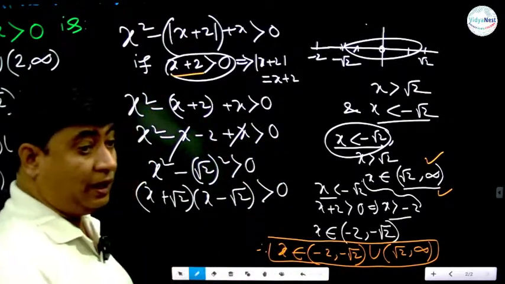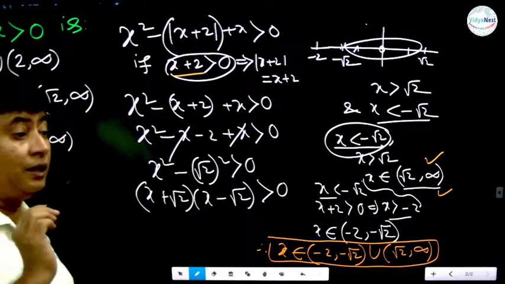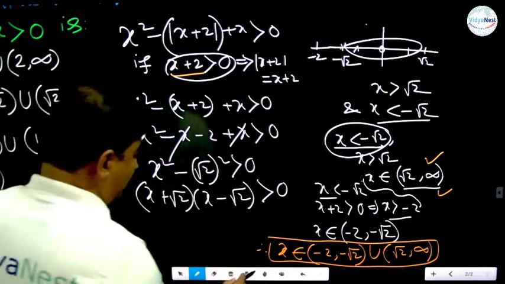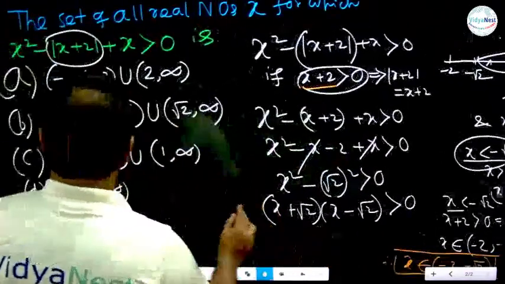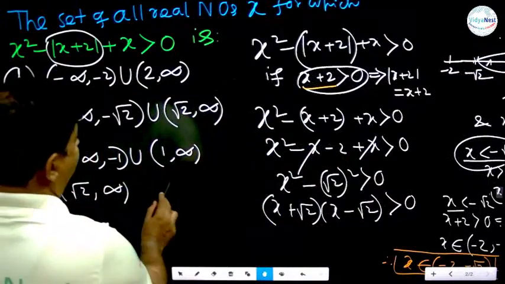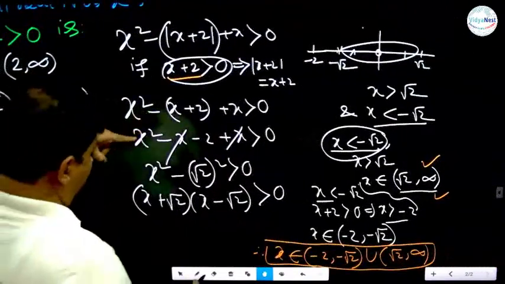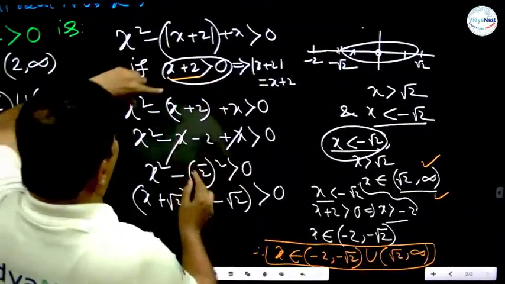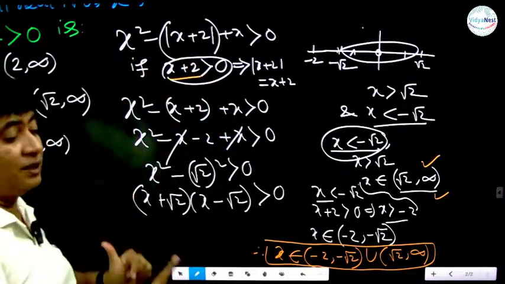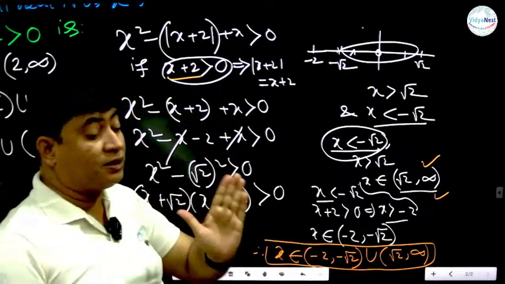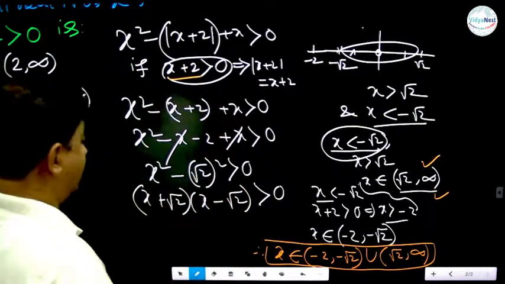You can say that, okay, does it match with any option? Let's see. No. Why? Because till now we have used only one condition, x plus 2 greater than 0। अगर x plus 2 less than 0 हो जाए तब क्या होगा?